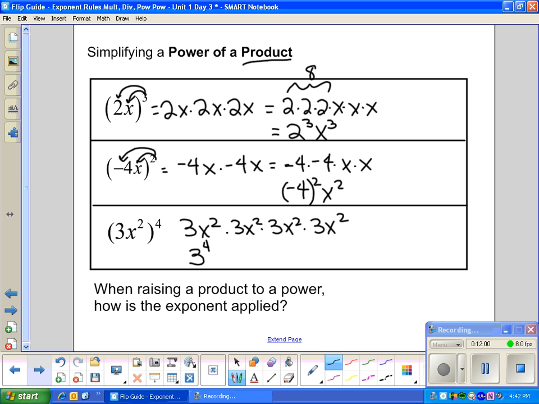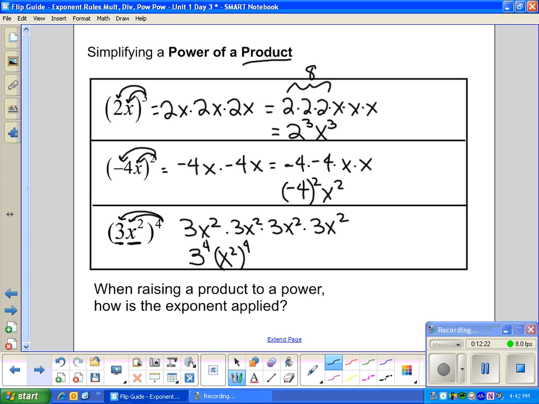And then I'll end up with x squared times x squared times x squared times x squared, which I'll write as x squared to the fourth power. Do you see that? These are my two factors: one is 3 and one is x squared. I'll end up with 3 to the fourth power times x squared to the fourth power.